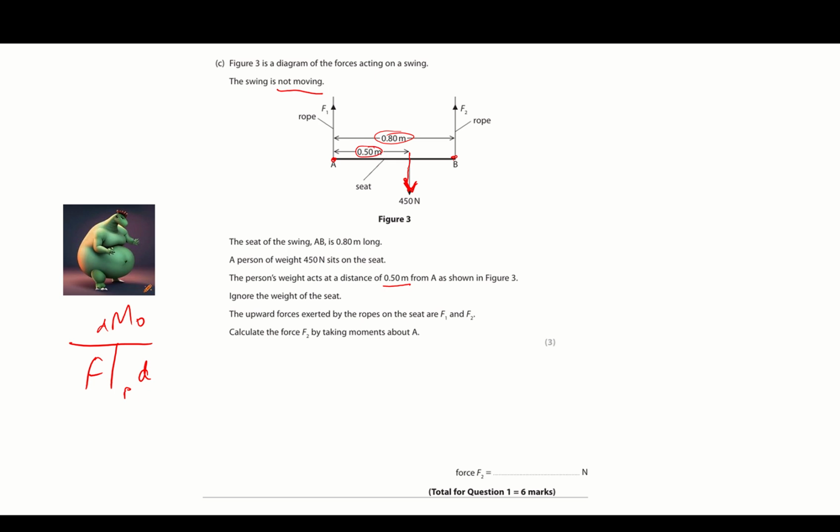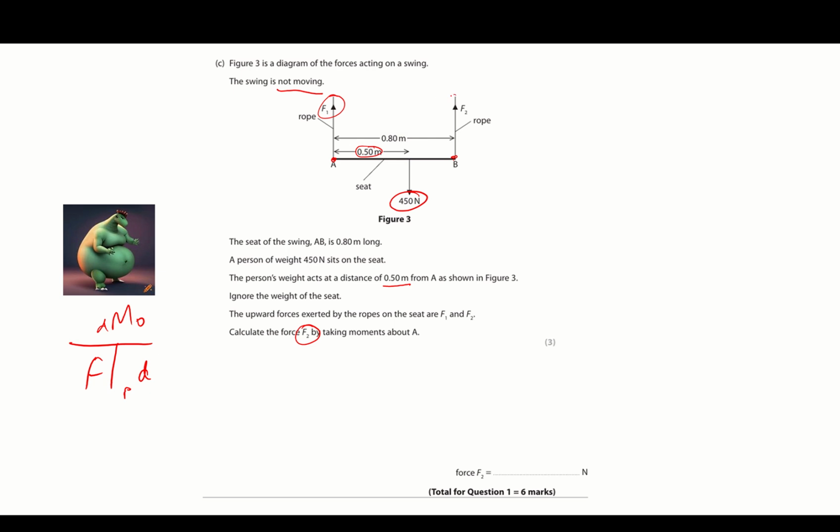So now, those are the 2 bits of information we know, and it says ignore the weight of the seat, perfect, and the forces are equal. F1 and F2 equal each other, so we've got to find force F2.